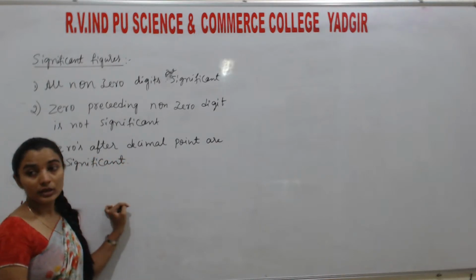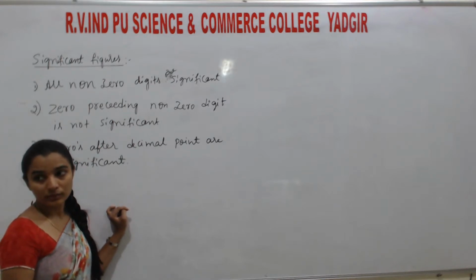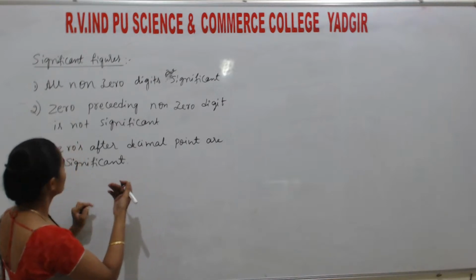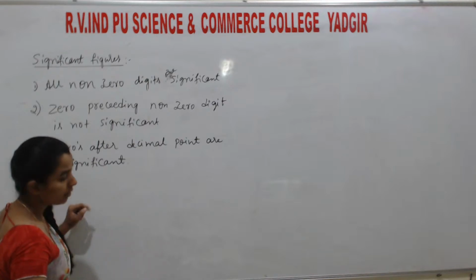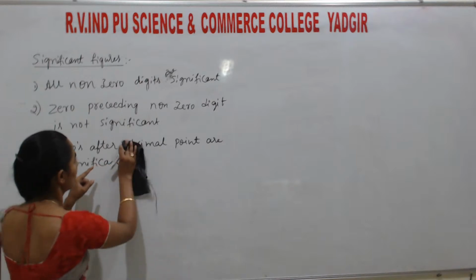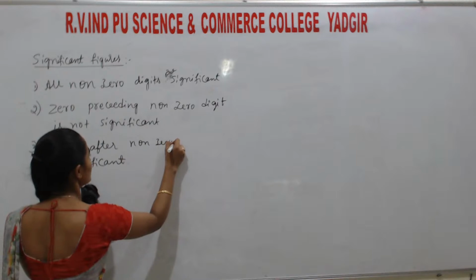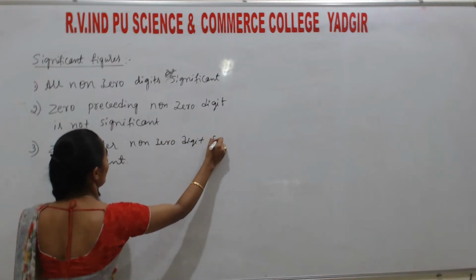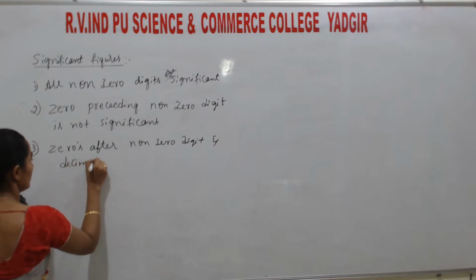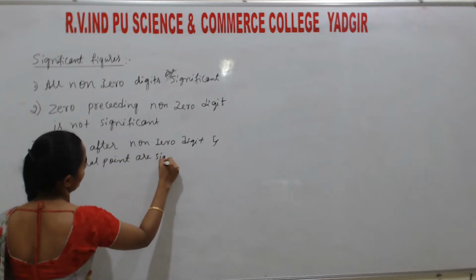Especially zeros after a non-zero digit and decimal point, both are significant.